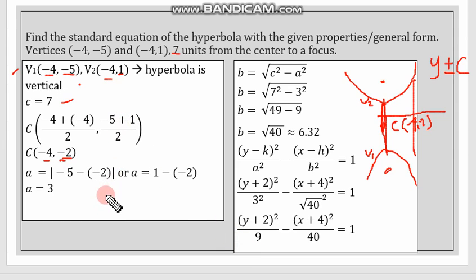So we can already get the points of the foci, although we only need the standard equation. Focus 1 has h of -4, and -2 plus or minus the value of c, which is 7.